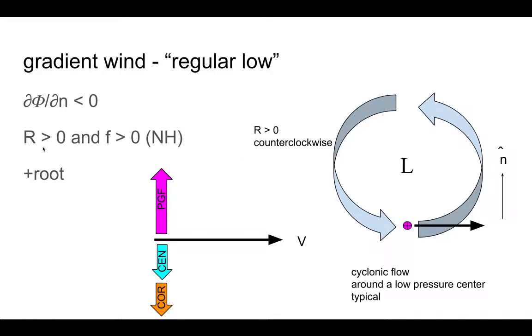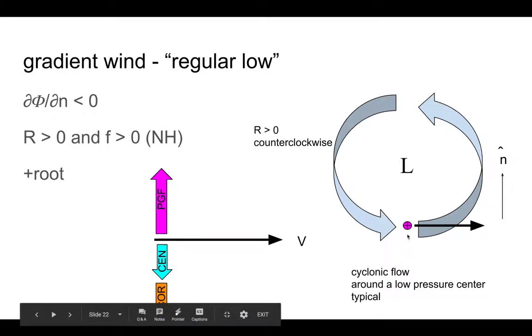Okay, so R is positive. We get that counterclockwise turning. Let's look at the bottom part of that where the wind's going from left to right. Centrifugal acceleration is outward. The Coriolis is to the right as well, both those in the minus n direction.